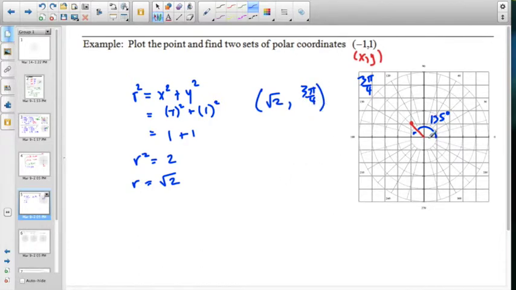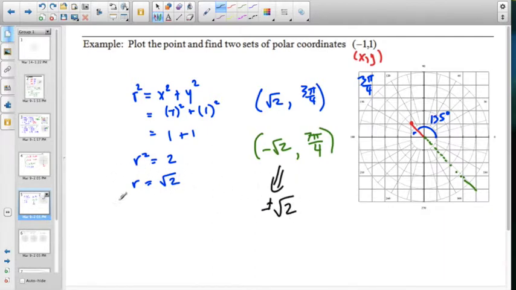We could also call it, if we looked at the 7 pi over 4 line, which goes in this direction, we could also call it along the 7 pi over 4 line, it's negative square root of 2, moving in the opposite direction of that 7 pi over 4 line, which kind of actually, now that I think about it, there are your plus or minus values of the square root of 2.